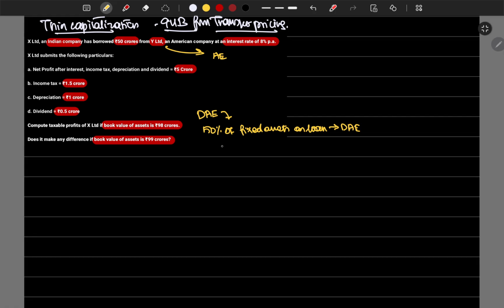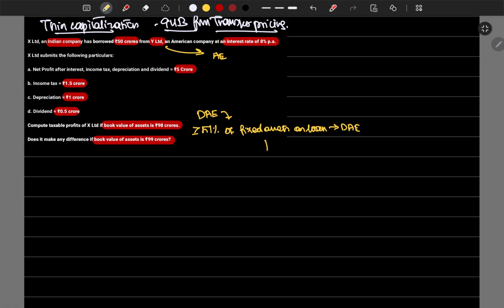Then 98 into 50% is how much? 49 crore. A small correction: this is more than or equal to 51% of fixed assets given as loan.